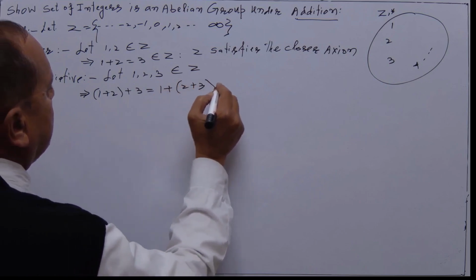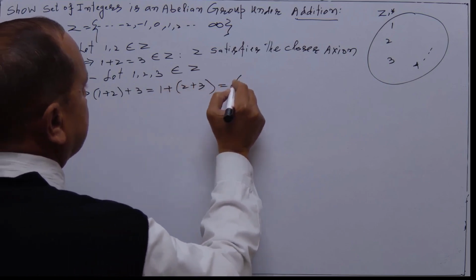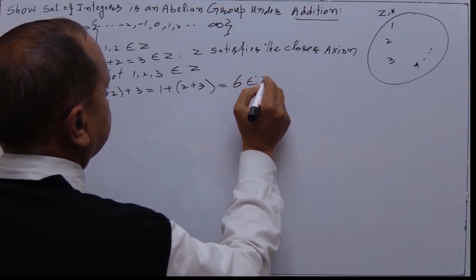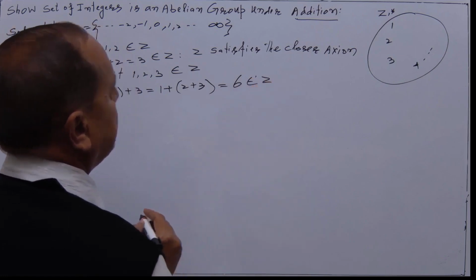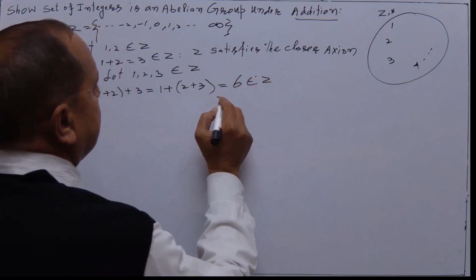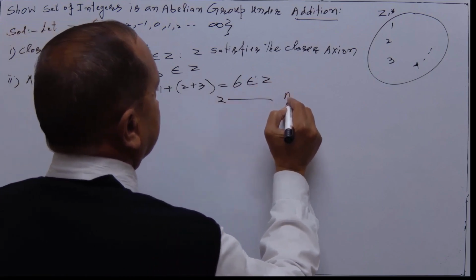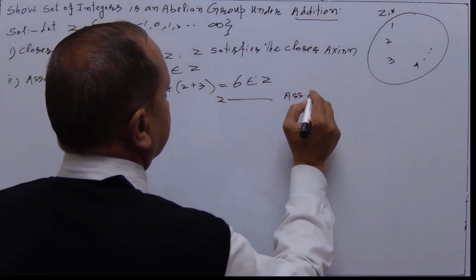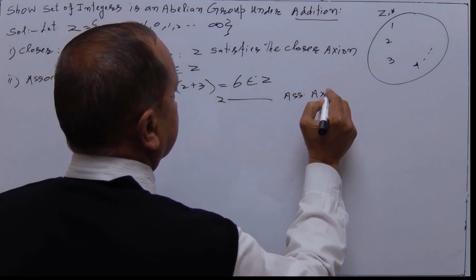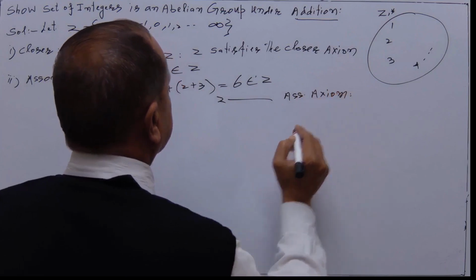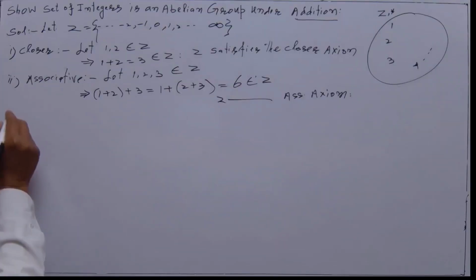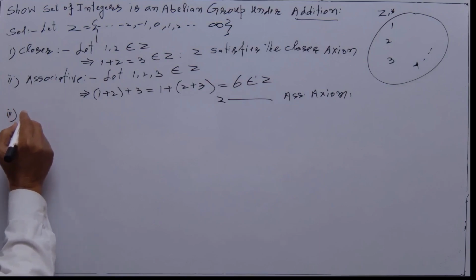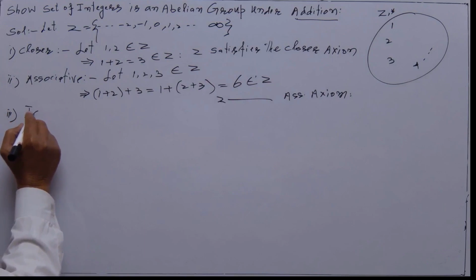The value in both cases is 6, and 6 also belongs to Z. It means this Z satisfies the associative property. Okay. Number 3 is our identity axiom.